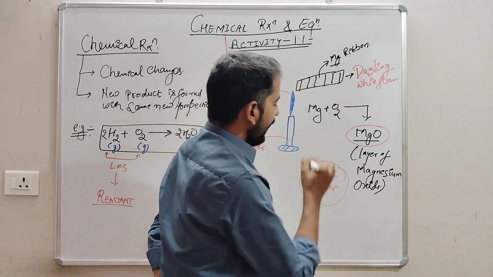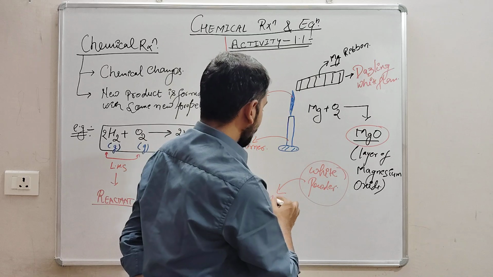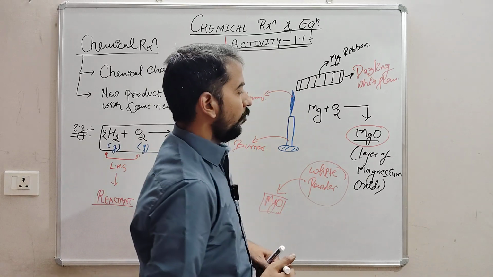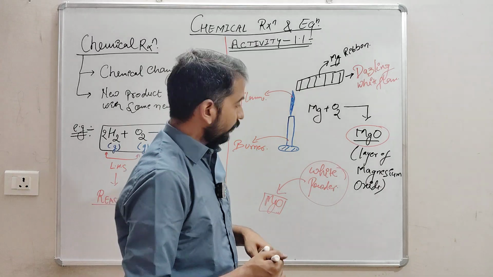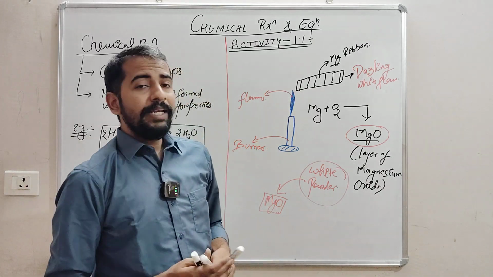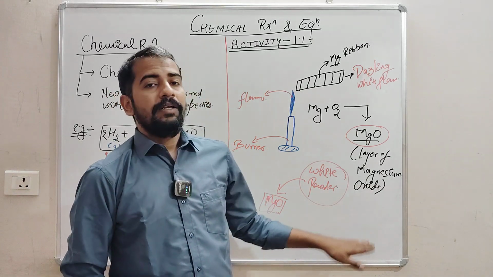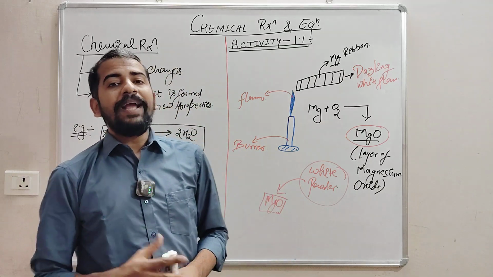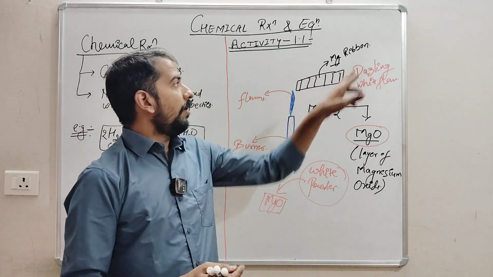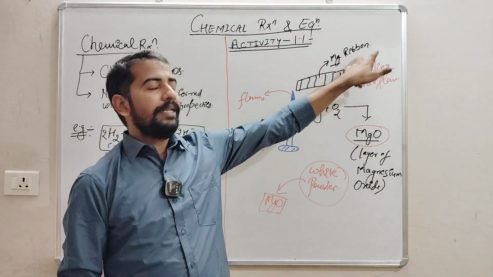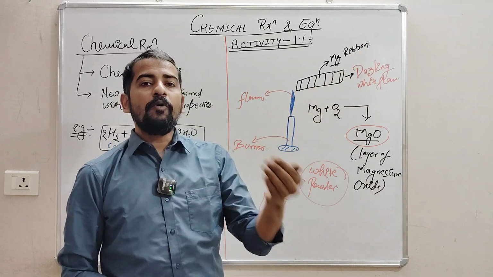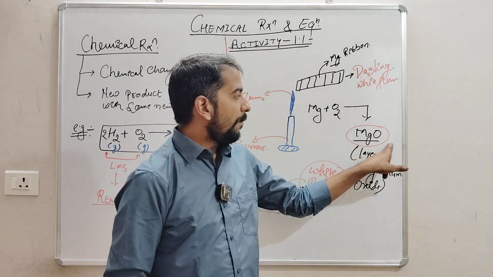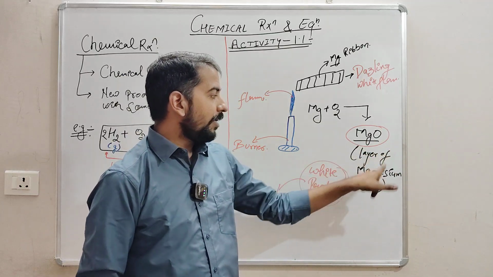Okay, and this white powder is magnesium oxide. Now in your exam they will ask, if you see your NCERT book also, they have said why we are cleaning the magnesium ribbon before burning. Because there is a layer of magnesium oxide on it.